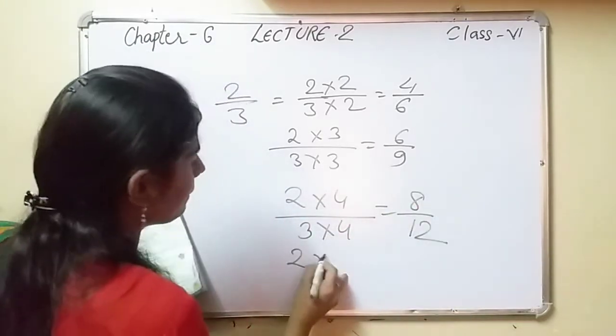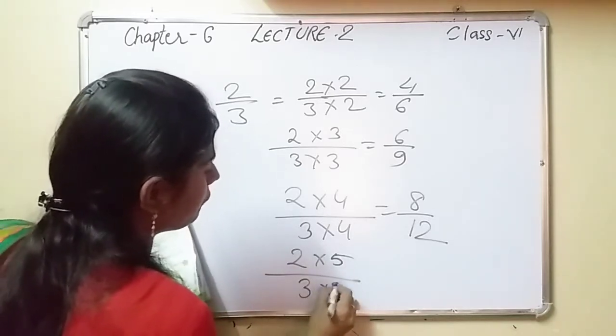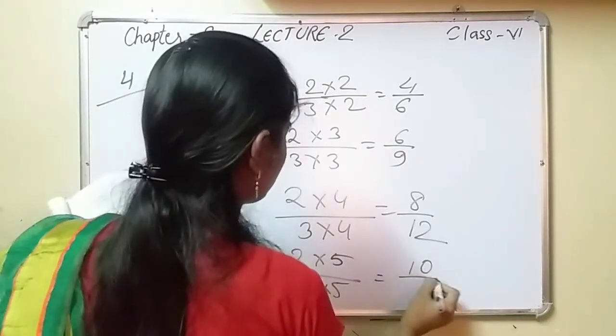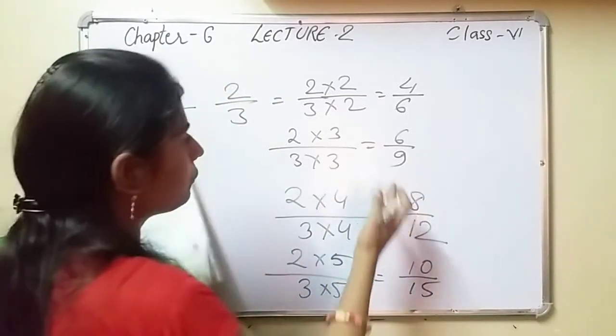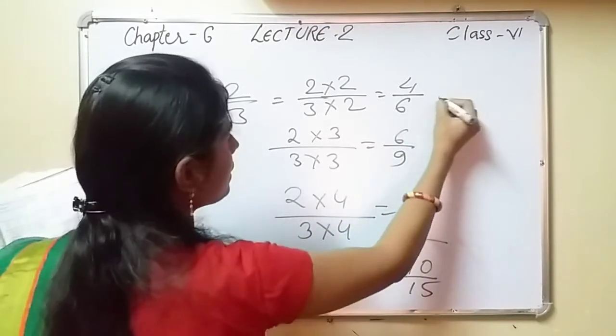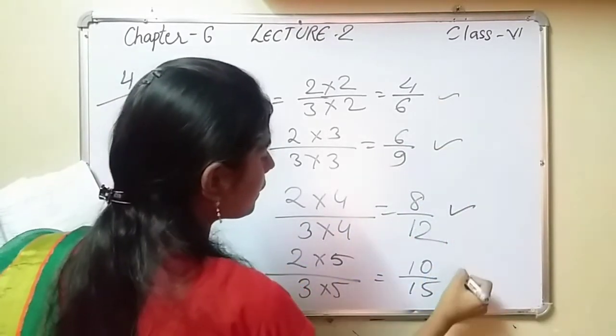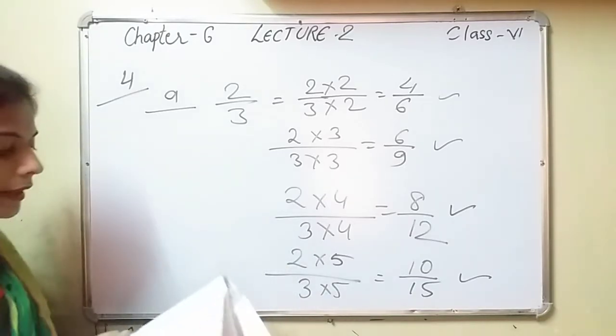Now 2 multiply by 5 and 3 multiply by 5. So the next 4 equivalent fractions are 4 by 6, 6 by 9, 8 by 12 and 10 by 15.